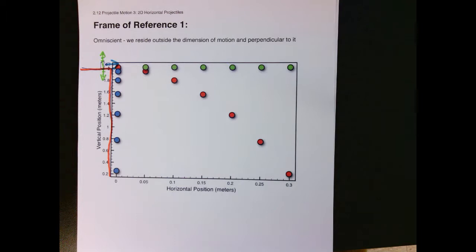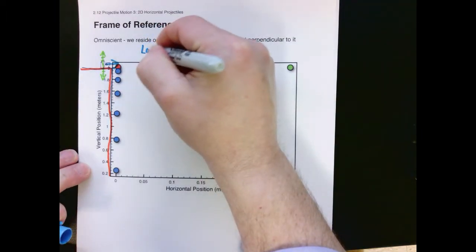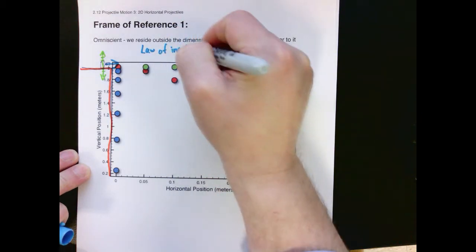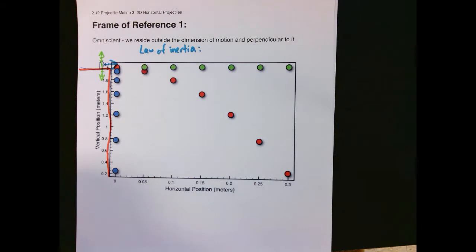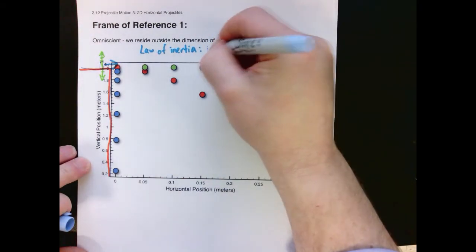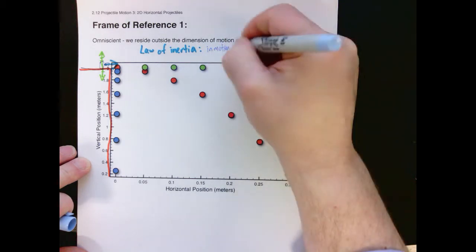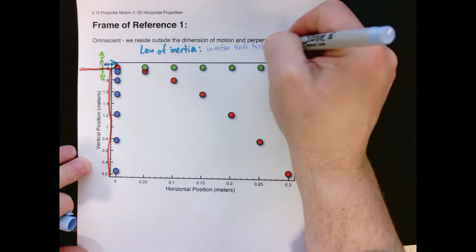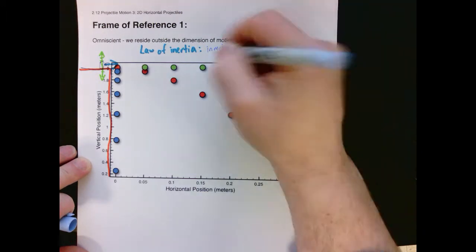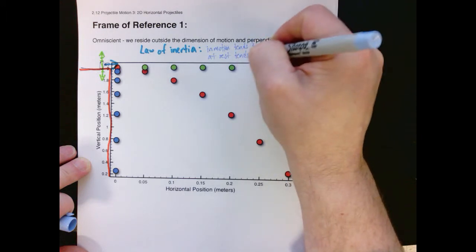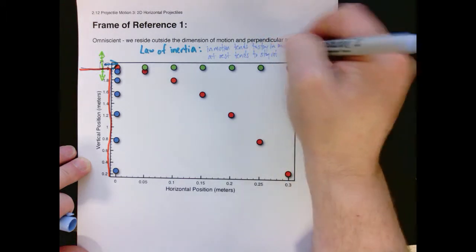The law of inertia says that an object in motion will tend to stay in motion. At rest tends to stay at rest.